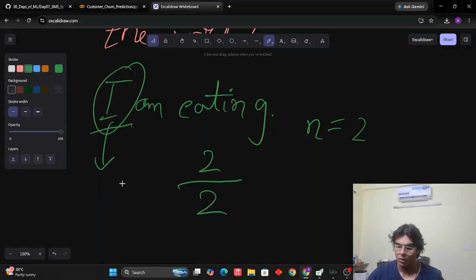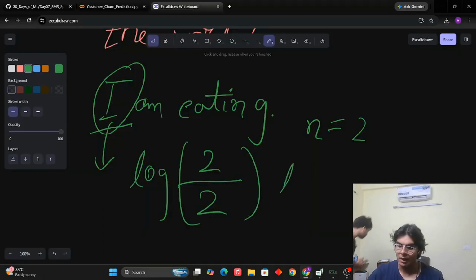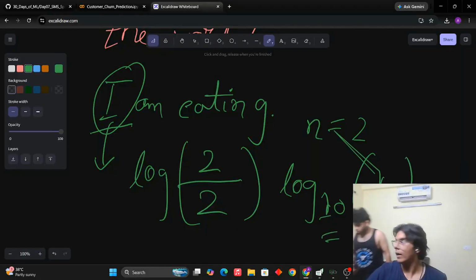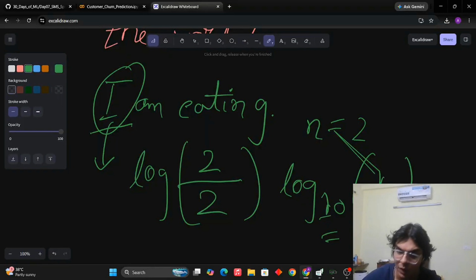I is occurring in two of them. So we do a log of 2 by 2, which is going to be nothing but log base 10 of 1. So the answer here is 0. Okay. So this is how we calculate the IDF value. The IDF value in this case is coming out to be 0.